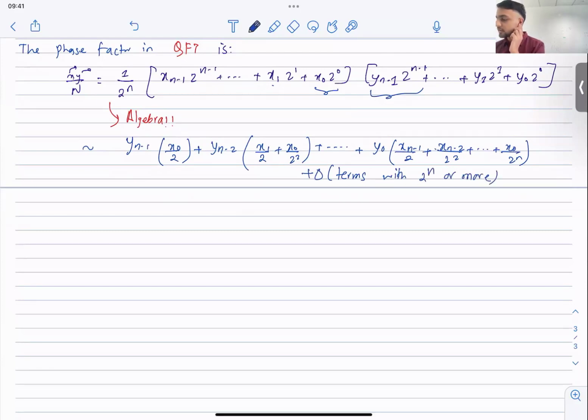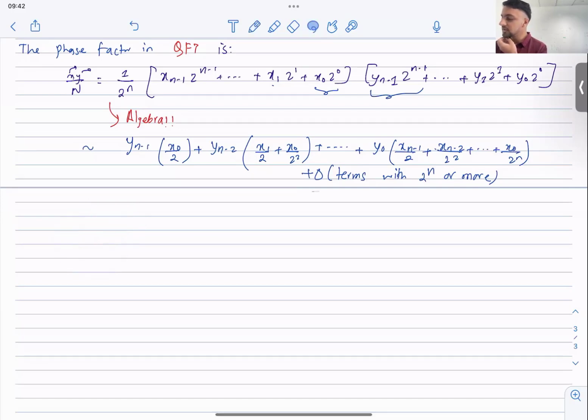The reason for that is that any number that comes as 2 to the n over 2 to the n, for example 2 to the n plus 1, is going to be a very small number as n is large. So the precision that I'm aiming for is 2 to the n, and I will be ignoring all the terms with power larger than this.